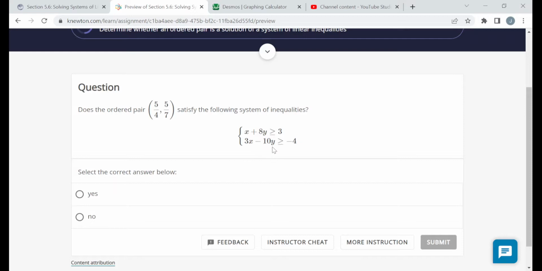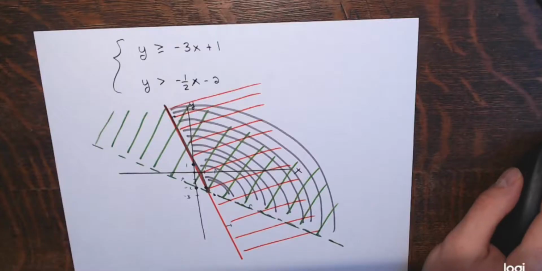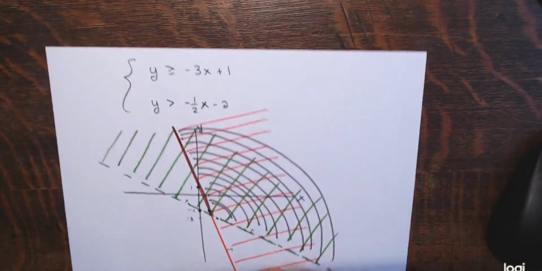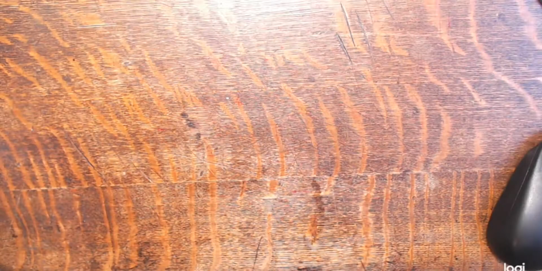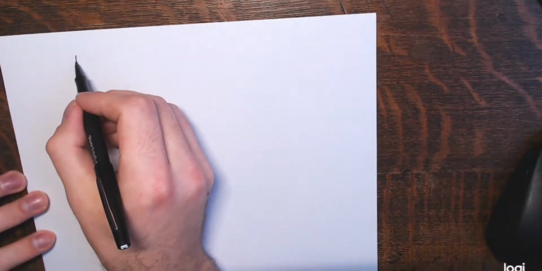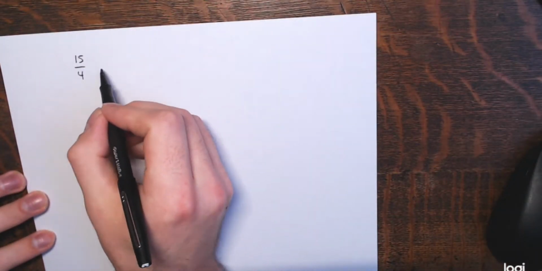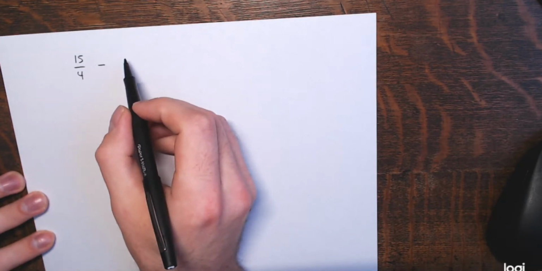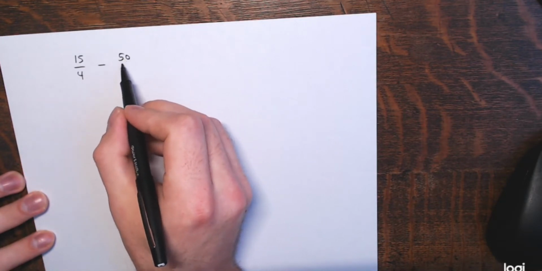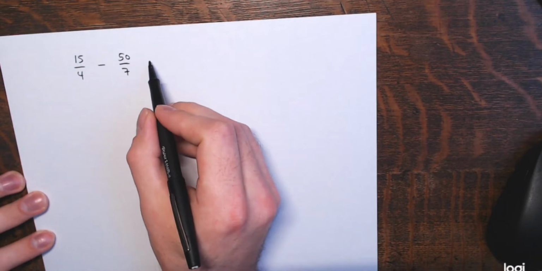And then 50/7. Ooh, you know what? I actually want to write this one out. Sorry, because the first inequality is satisfied. The second inequality I have, again 15/4 minus, and then 10 times 5/7 would be 50/7. Is this greater than or equal to -4?